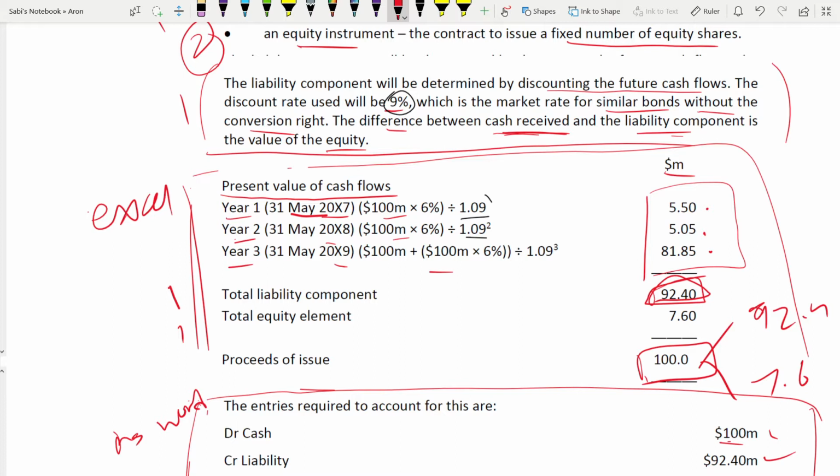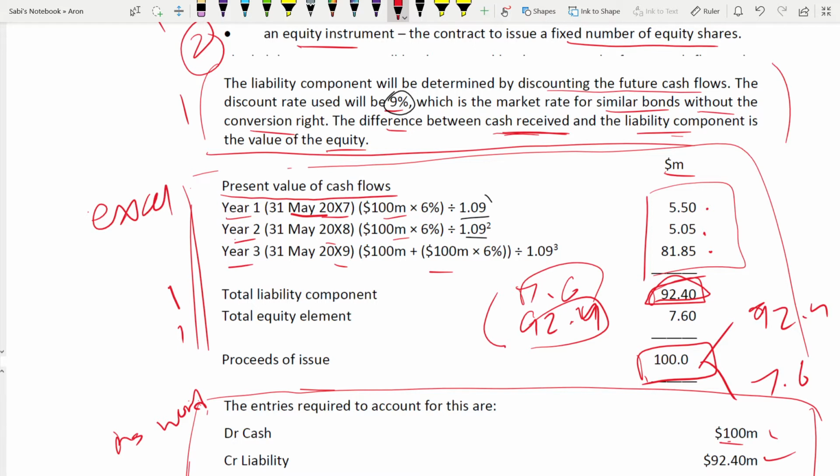Imagine if it was the other way around. If your liability component is 7.6 and equity component is 92.4, then you can very easily tell something is wrong here. Why? Because your equity component is too high, liability component is too low. You should doubt this. Liability component should be greater than equity component. This is another way of checking your answer.